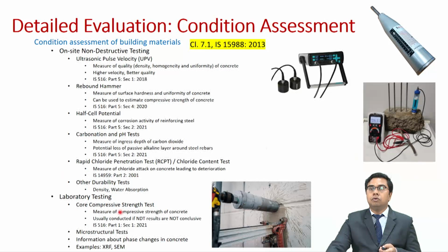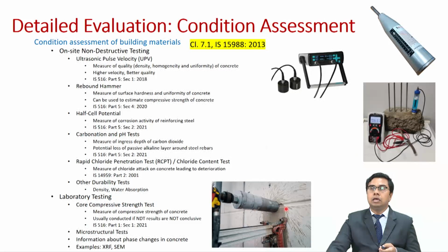So, we can have a core compressive strength test. This is a figure where we extract a concrete core, and after extracting it, we can test it in a laboratory to obtain the compressive strength of concrete. This is a very deterministic test. This is not an estimate.